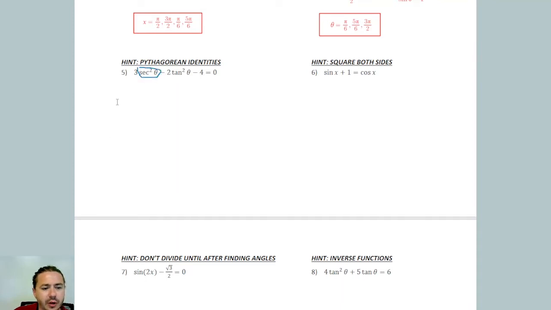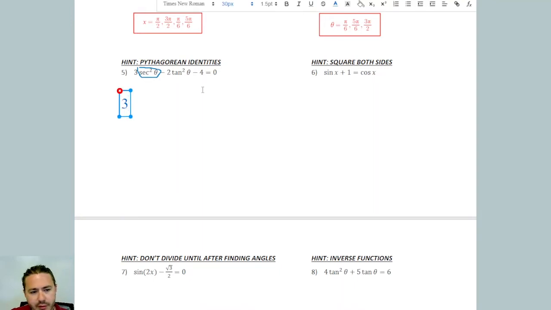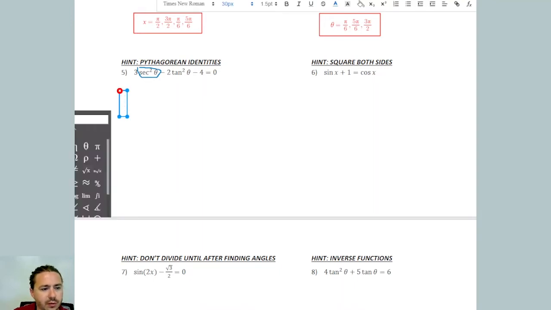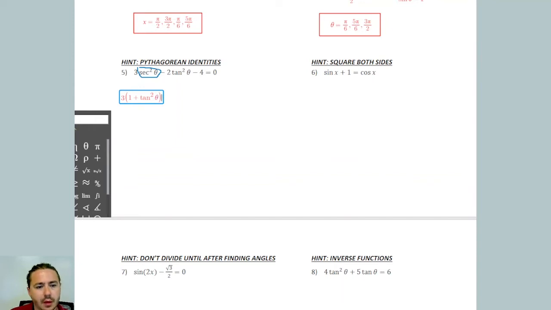When I do that, I get 3 times (1 plus tangent squared theta) minus 2 tangent squared theta minus 4 equals 0.